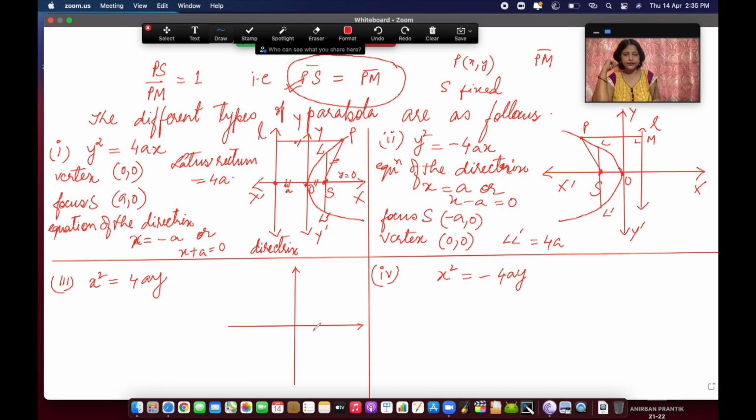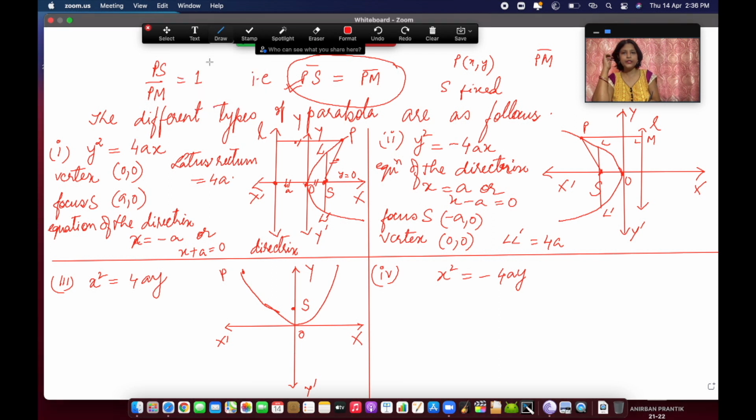So here we have x o x dash, y o y dash, and suppose S is a fixed point on the y-axis instead of the x-axis. Now the moving point P has to travel in such a way that it passes through the origin and it is symmetrical about the y-axis.